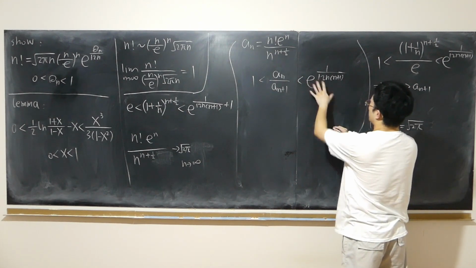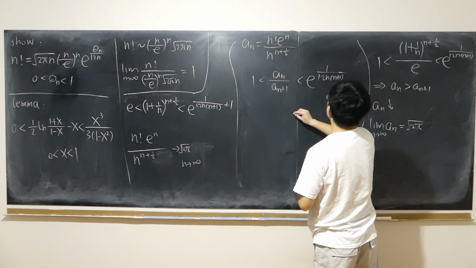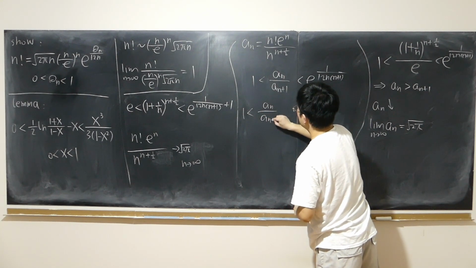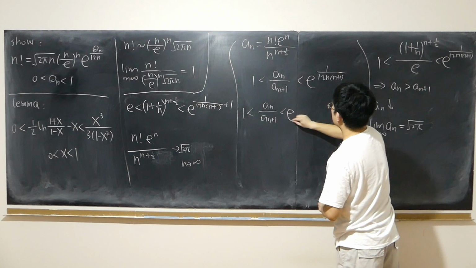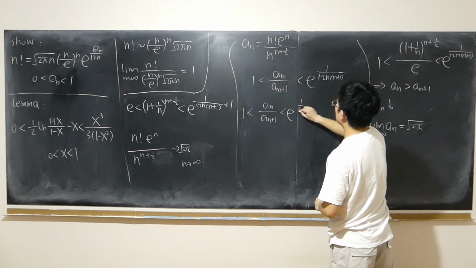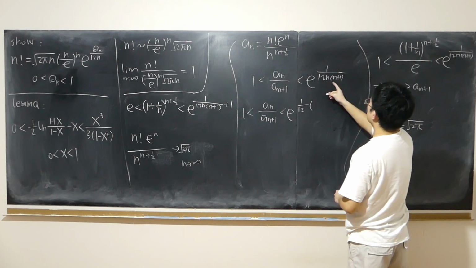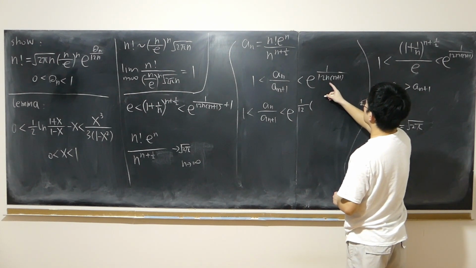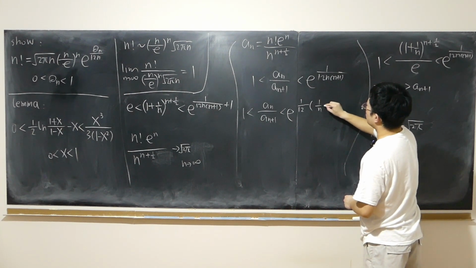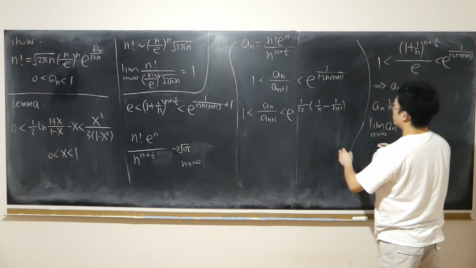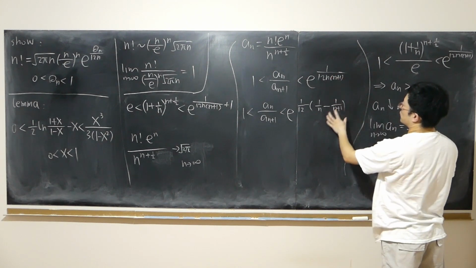Which means that part is equal to e to the power of 1 over 12, and inside here I have 1 over n times n plus 1. That is equal to 1 over n minus 1 over n plus 1, to split up the fraction.